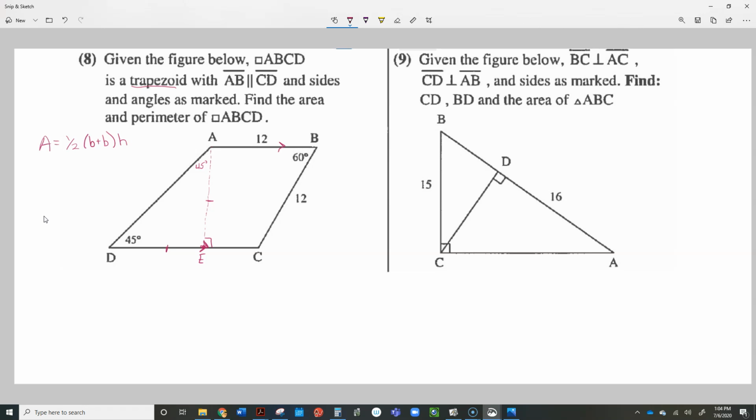Now, the other thing that we want to do is I want to connect A to C. The reason that I want to connect A to C is because I know this angle up here is 60. And since this angle up here is 60 and these two side lengths are the same, that makes this an isosceles triangle.